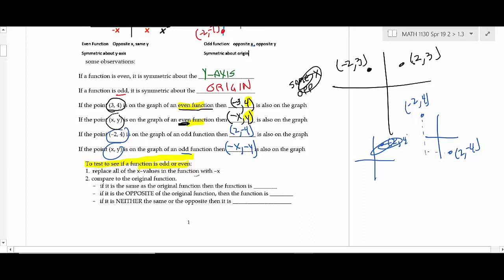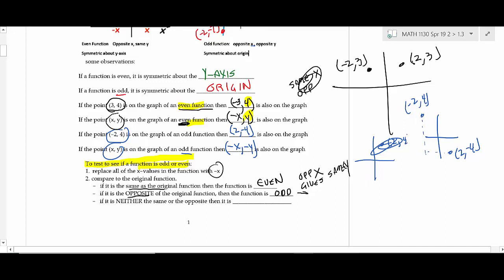You replace all the x's with negative x. Okay. Then if it's the same as the original, that's going to be an even function. So what you're really doing is showing that opposite x gives the same y. Okay, that's what it means for a function to be even. If it's the opposite of the original, then the function's odd.